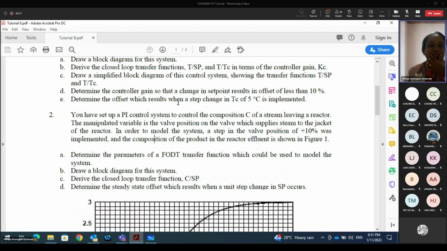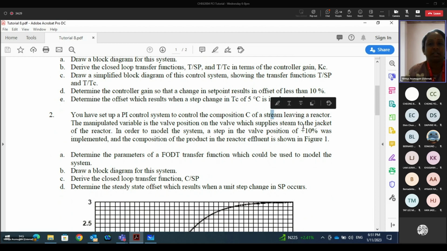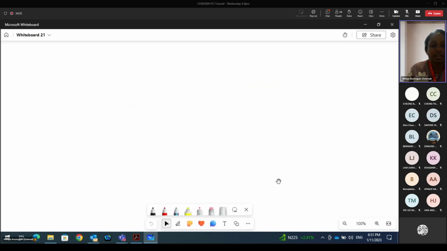Now, if we sketch the PI control system that is described here, we know that we have a controller, but we also know the composition of a steam, not stream, steam. So we have a PI control system in which a valve is placed.